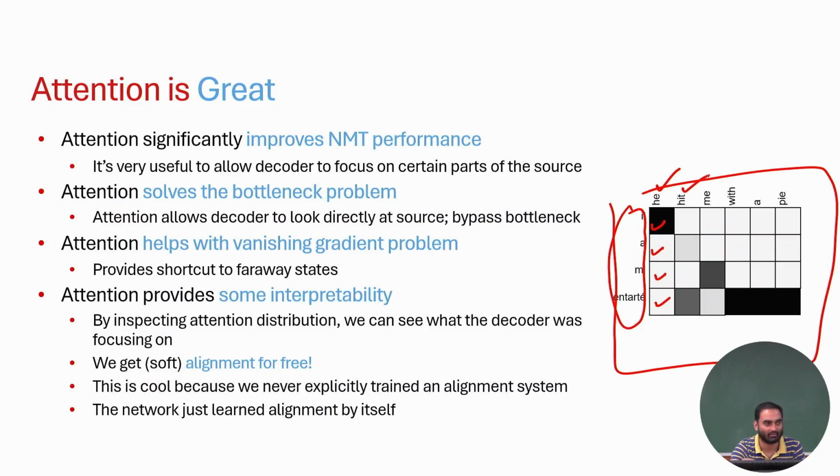This is the second output token from the decoder, and these are the attention distribution. Third output token and the attention distribution. Now from the attention distribution, you can align two languages. You can say that, okay, he is more aligned to the first token of the input because the probability is high. With a pi, these three tokens are more aligned to the last token, right? Me is more aligned to the third token, and so on and so forth.